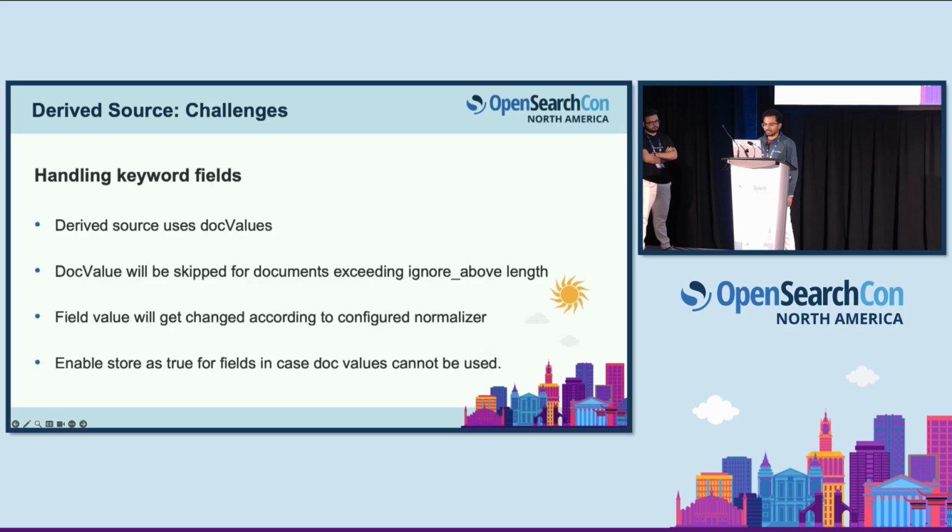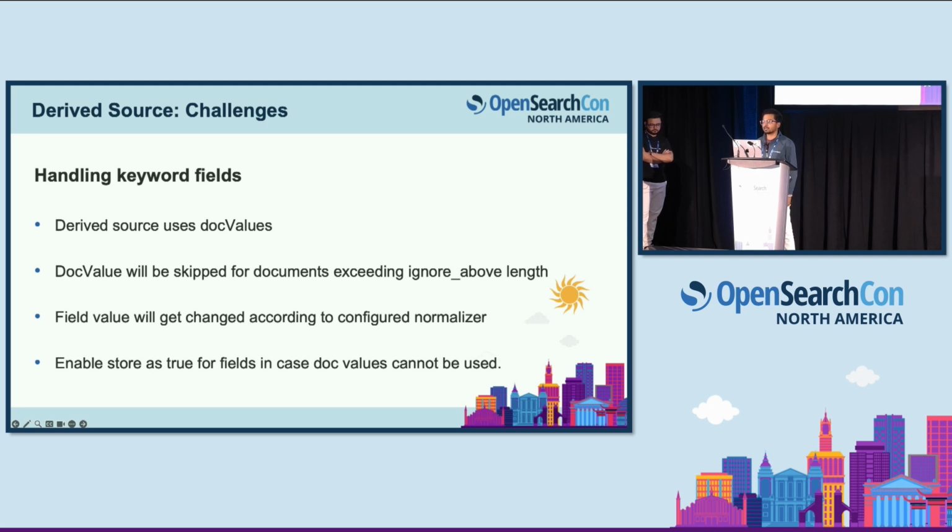So now let's look at some of the challenges in terms of supporting different field types, like keyword. As we know, a keyword has doc values enabled by default, and with keyword there are mapping parameters as well, like ignore_above and normalizer.